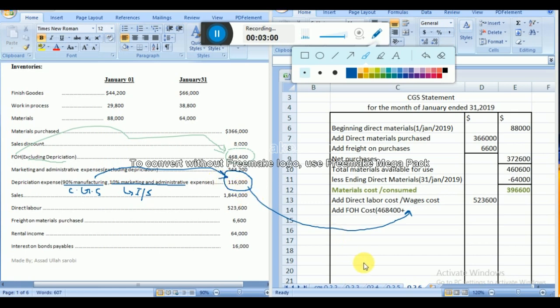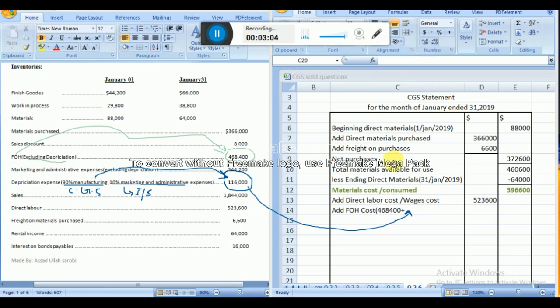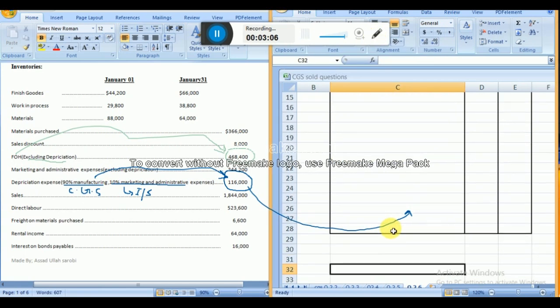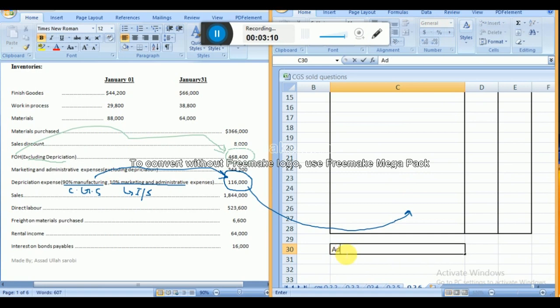Clear? So now what are our additional calculations here? Look at the additional calculation. Look at depreciation. How much is depreciation? That is 1,16,000.